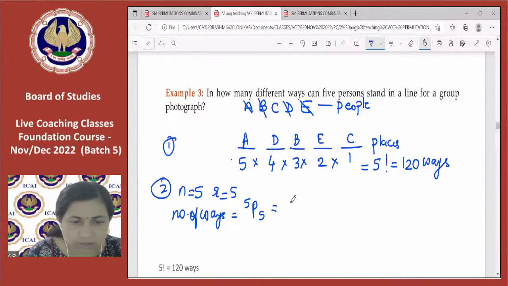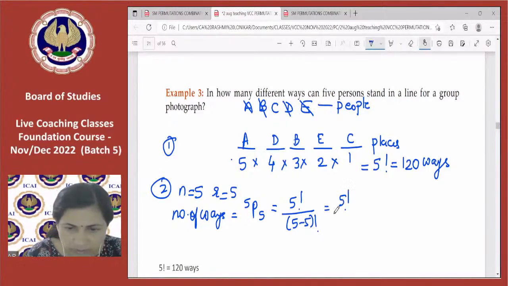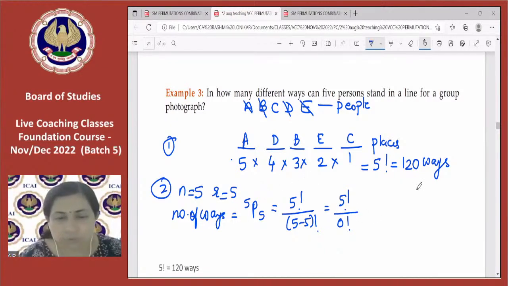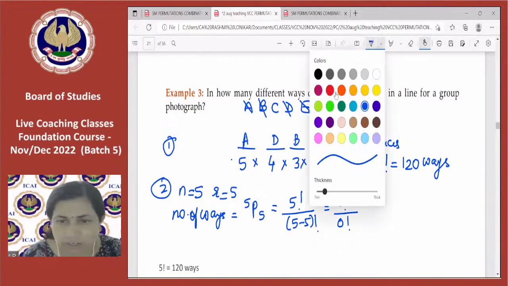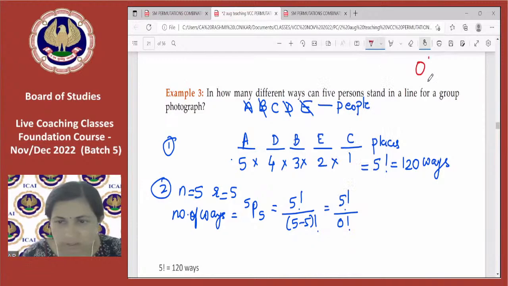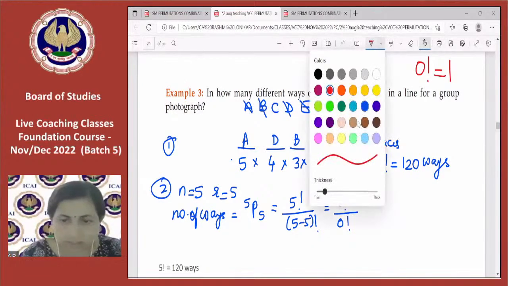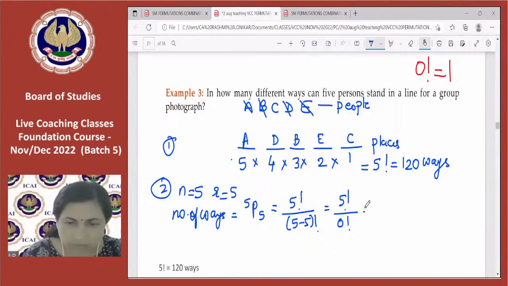So this is equal to 5 factorial upon (5 minus 5) factorial, which is equal to 5 factorial upon 0 factorial. Now I know 0 factorial is always 1. Remember this is the clue here. 0 factorial is always equal to 1, which is equal to 5 factorial, which is equal to 120 ways.